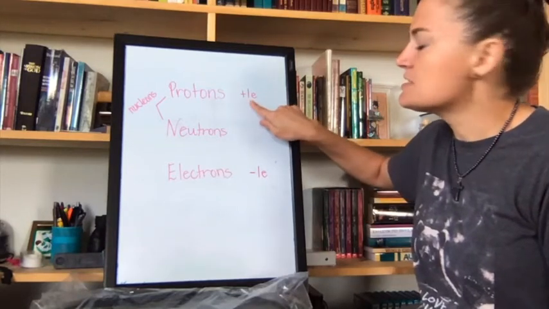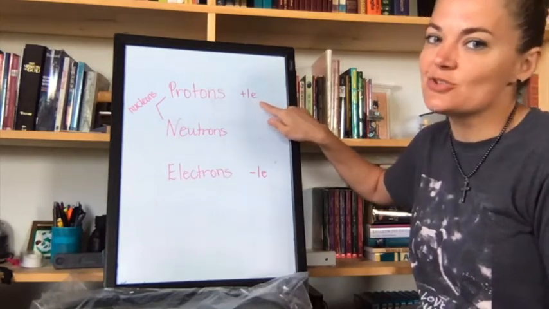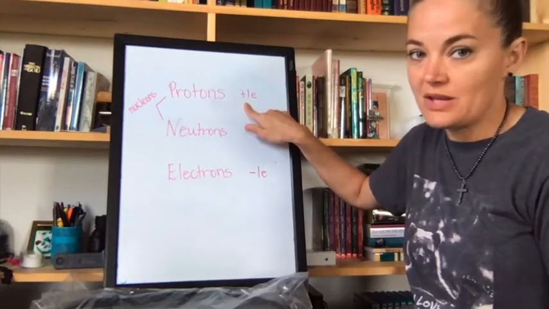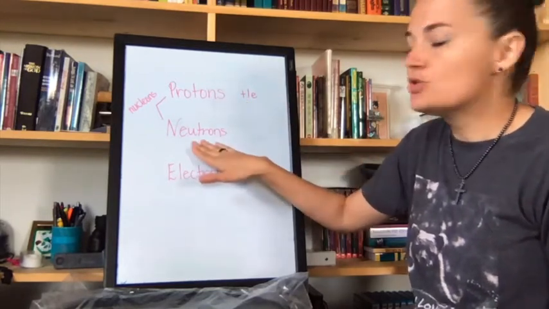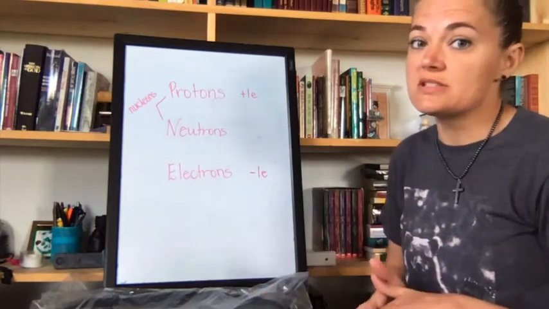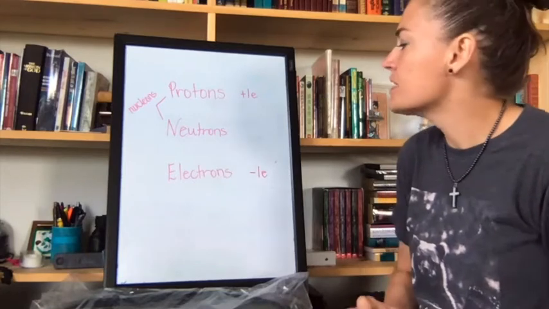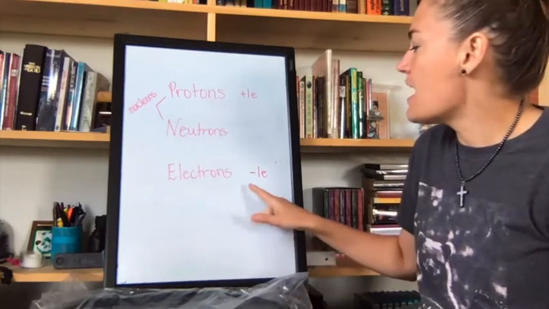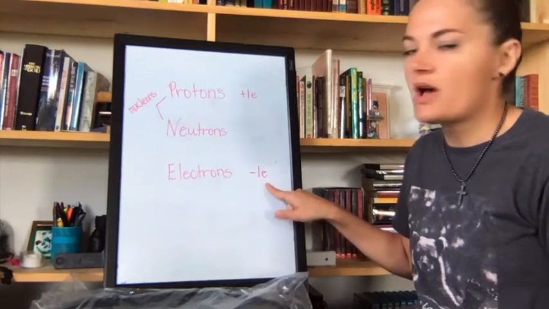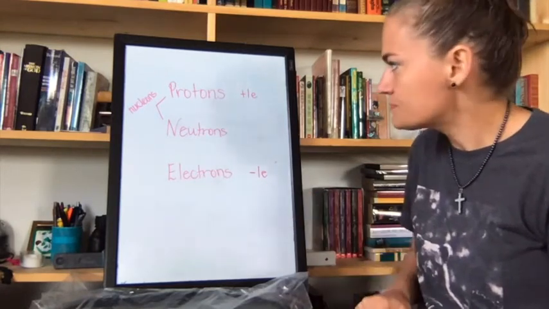That's what the +1 e is for, electrical charge. So protons are one positive electrical charge. Neutrons do not have an electrical charge. They are neutral, that's the term neutron. And electrons have a negative fundamental electrical charge, so -1 e for each electron.